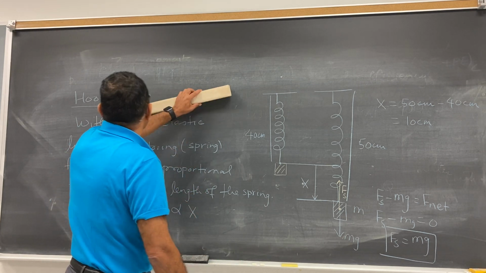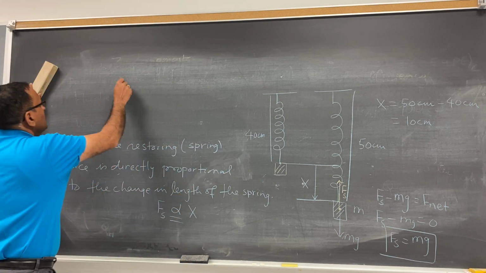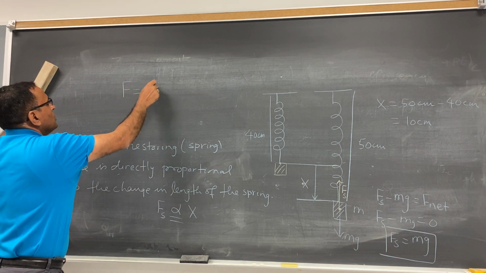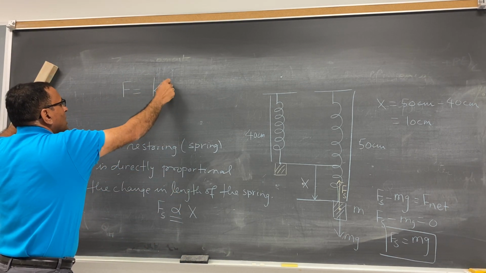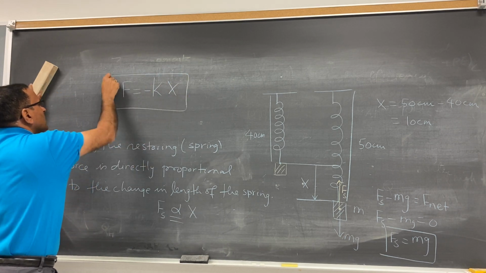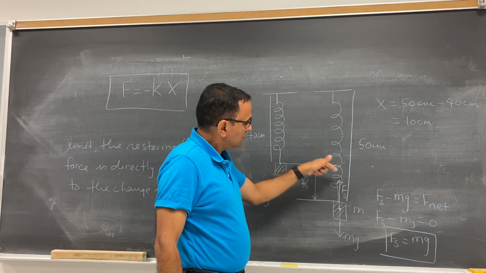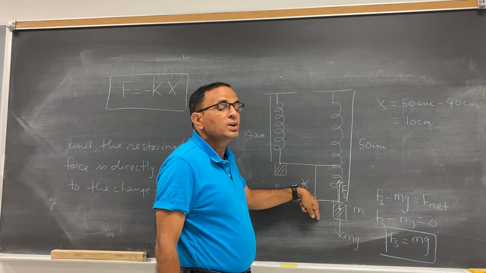And this one you can write down like this. The proportionality sign here, if you want to put an equal sign, write down F equals K, uppercase K, x, but put the negative sign. Why the negative sign? Look, Fs is in the upward direction, x is in the downward direction.